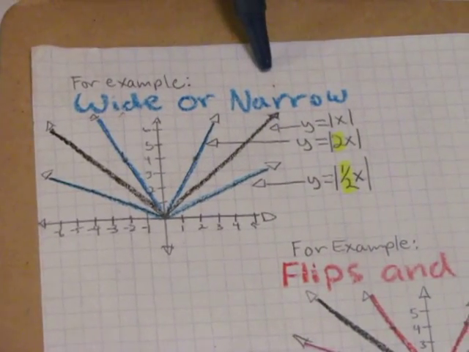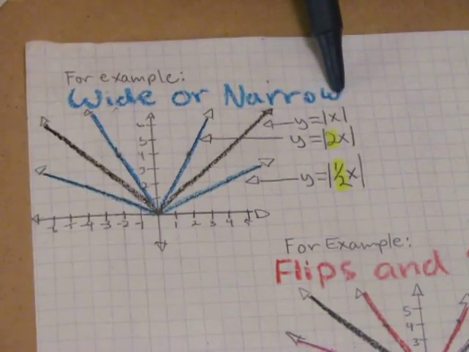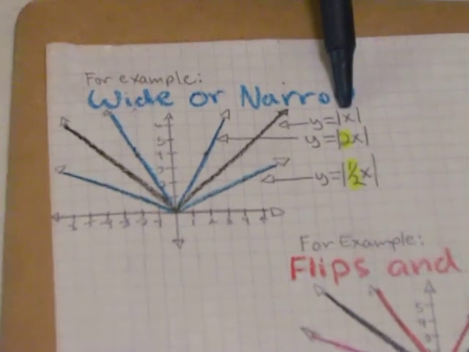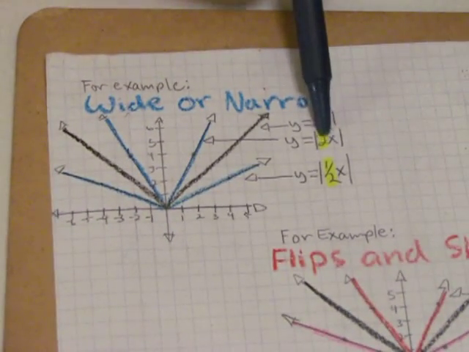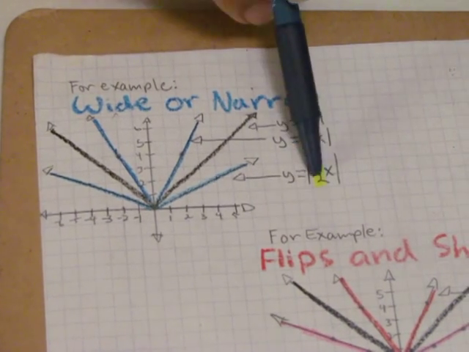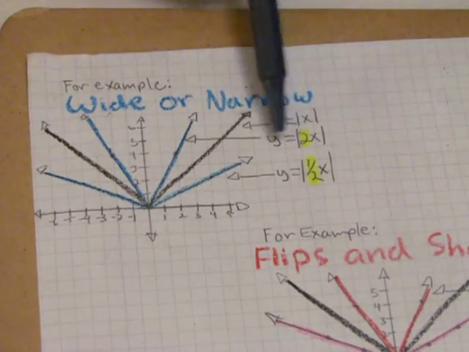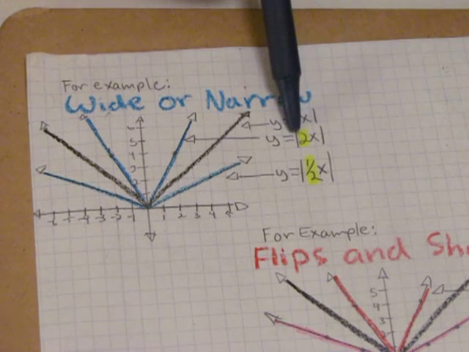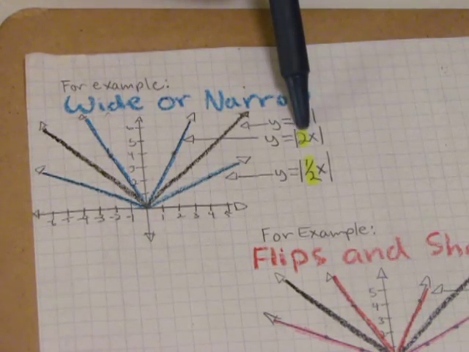Wide or narrow? Now this is when we have a value times the x. Once again, the black is the parent function, y is equal to the absolute value of x. But this time we're highlighting the number we put in front of the x. In this case, we're timesing it by 2.